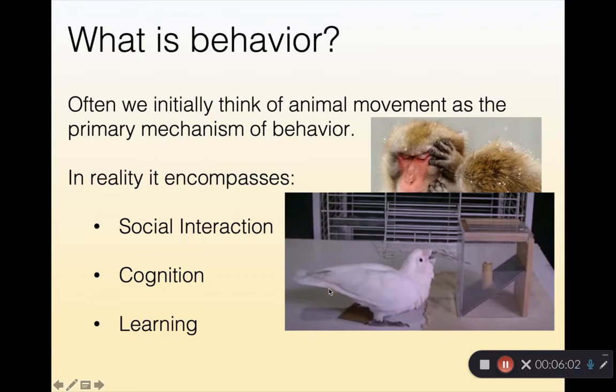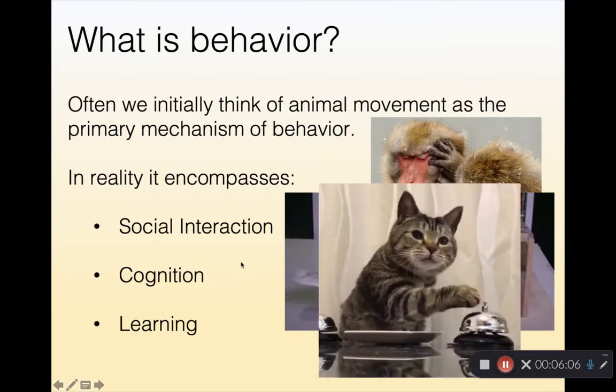And lastly, related to cognition is learning, the ability of an animal to understand and adapt based on external pressures. And here I included a cat learning to ring a bell, which is a terrible idea, but demonstrates the process quite vividly.